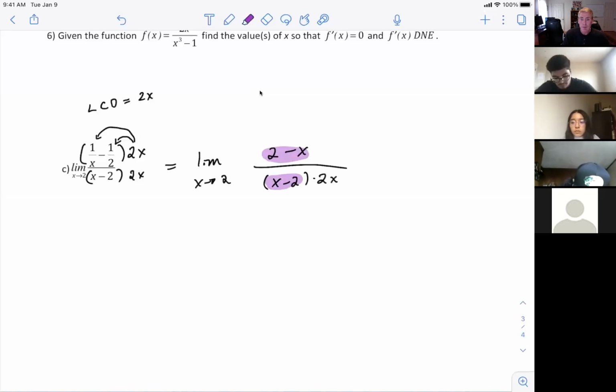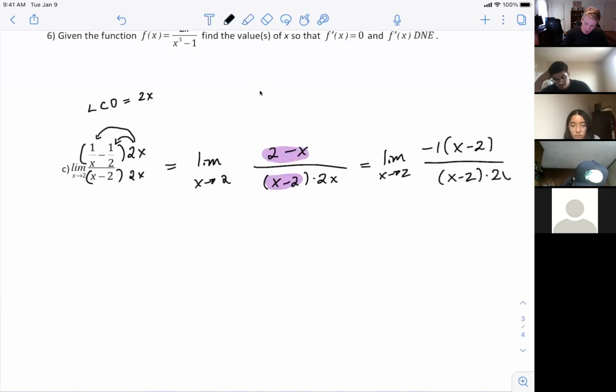So next, I want to cancel the x minus 2, but the two purple ones are not the same. So what do I have to do to get them to be the same? Factor out a negative. Yes. So on the top, you could factor out a negative 1, and then the x would become positive and the 2 would become negative.